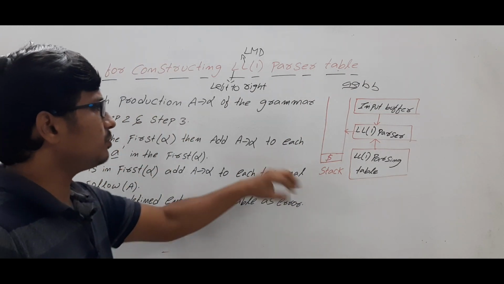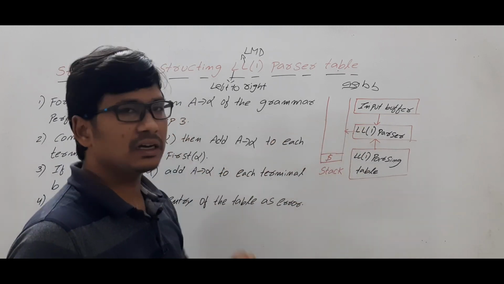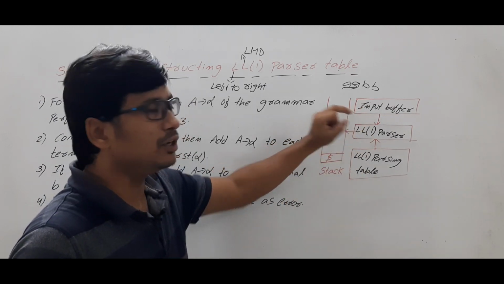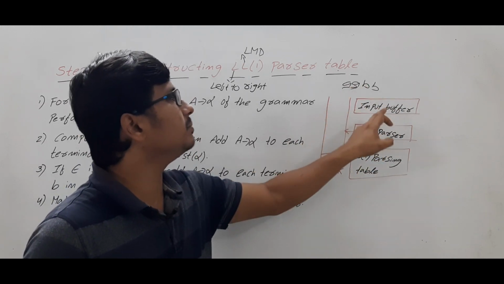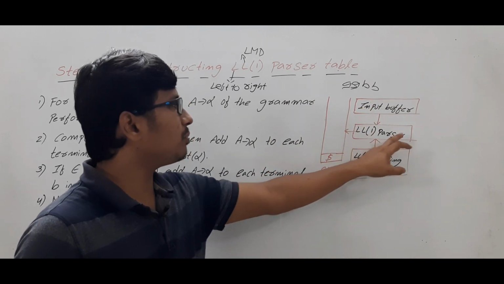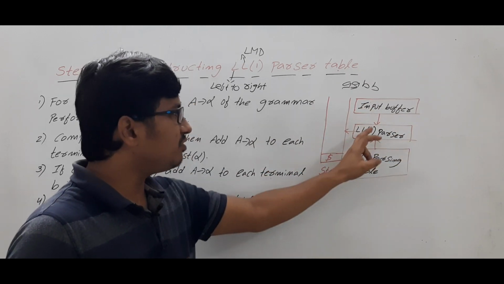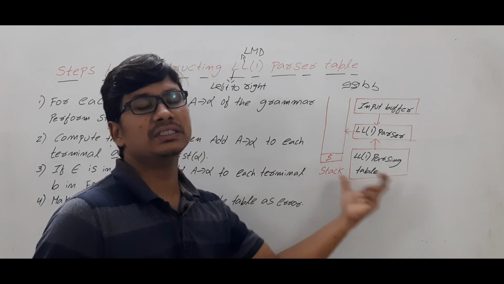Now first, let's see how the parsing algorithm will work. The parsing algorithm will take the input buffer consisting of your input string. Let's take that in case AABB. AABB will be stored in the input buffer and you have a parsing algorithm, and for the parsing algorithm to work, you need to construct the LL1 parsing table.